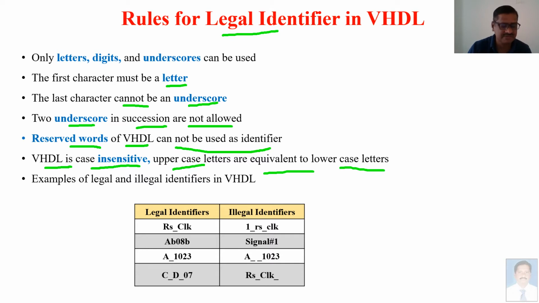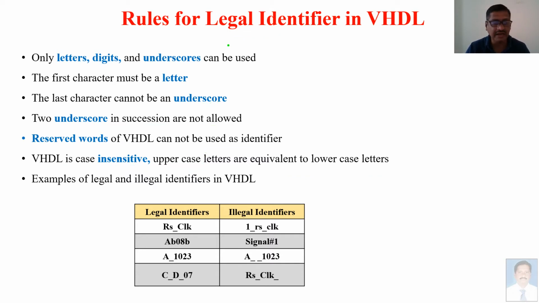Some examples of legal and illegal identifiers. I will discuss this first identifier and check all these possibilities. It should have letters, digits and underscores. Here these are letters, no digit is used, and we have an underscore. Fine.